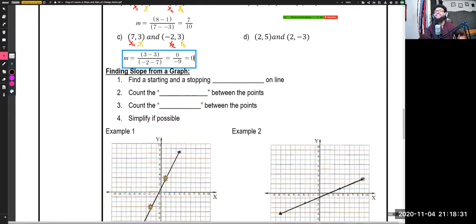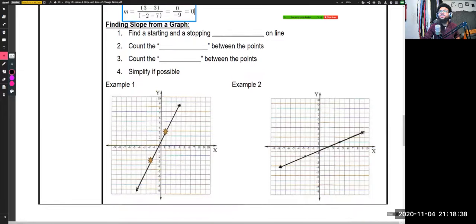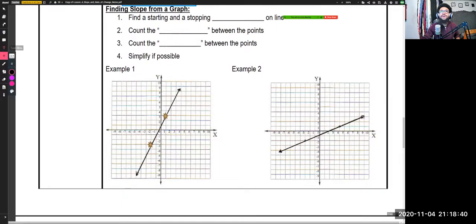Now let's look at finding slope from a graph. The first thing we're going to do when we want to find our slope from a graph is find a starting and a stopping point. You have to know where you're going and where you're coming from. Once you have your starting point and your stopping point, you're first going to count the rise.